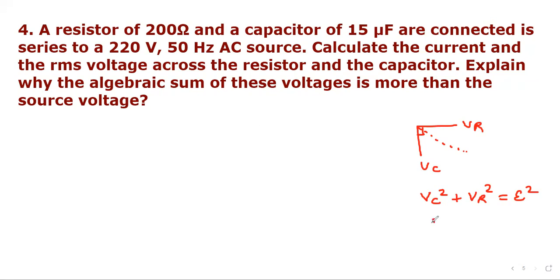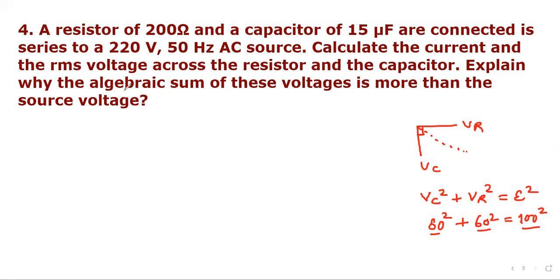Suppose VC is 80 volt, so 80 square, and suppose VR is 60 square. So this will become 100 square. So if we find the algebraic sum, 80 plus 60, that will be 140, but the resulting voltage will be just 100. So this is the concept here. Explain why the algebraic sum of these voltages is more than the source voltage.